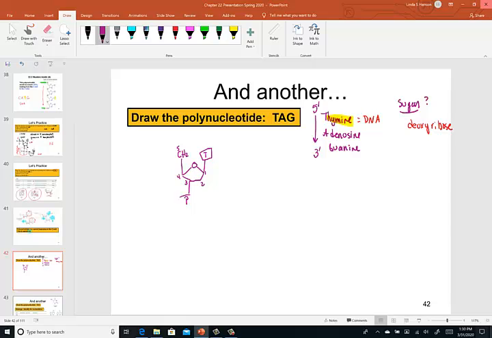So for now, I'm going to put P for phosphate. And this guy will have a P for phosphate, because the carbon that's number 5 joins together the 2 nucleotides. So I just drew a rough draft of the first nucleotide that would be up here at the 5' end.